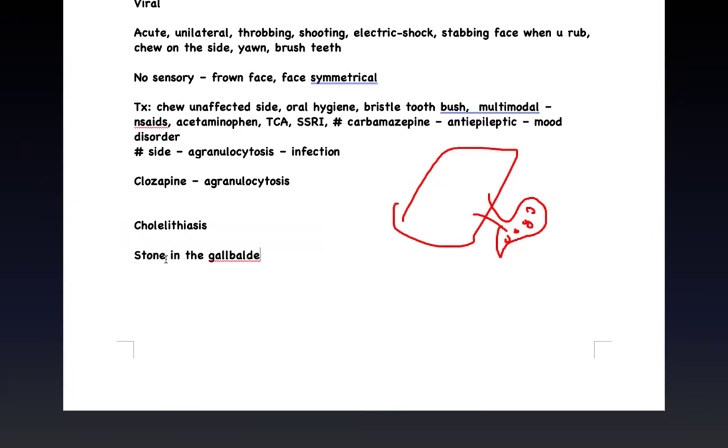The gallbladder just stores bile so that when you eat fatty food, you release the bile for fat digestion.